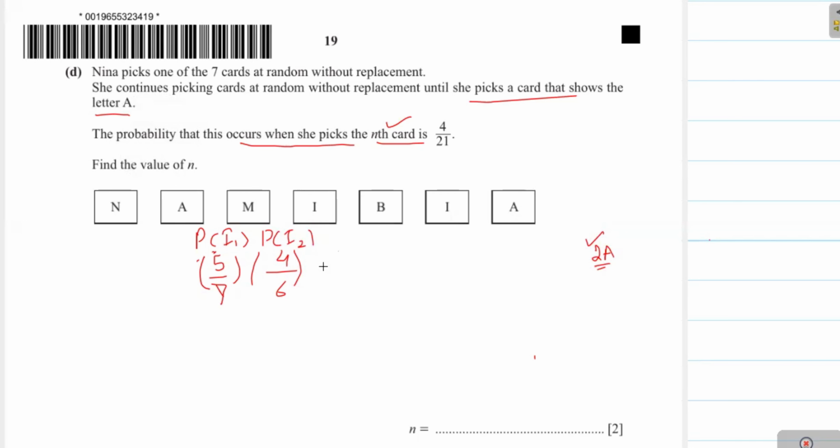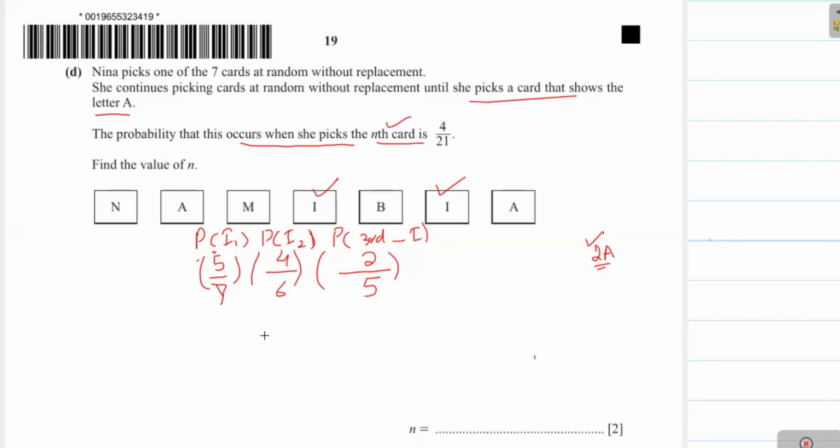And if she picks another card, and this card is A. Look here, if this card is A, therefore the probability that the third card is A will be 2 over 5, because the total cards of A here are 2, and the total cards become 5 because 2 cards are already chosen.